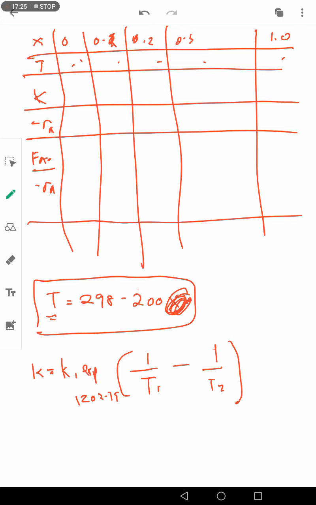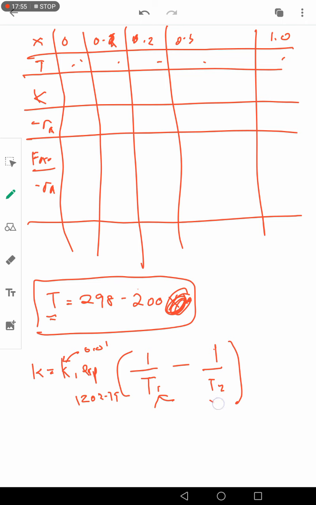K1 dia beri pada temperature 300 as 0.01 tadi. So kat sini you masukkan 0.01, tapi 300 tu you nak masuk kat T2 ke T1? Sebab kat sini you letak as K1 kan, so you masukkanlah 300 tu dalam T1.